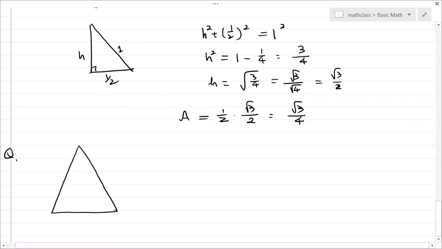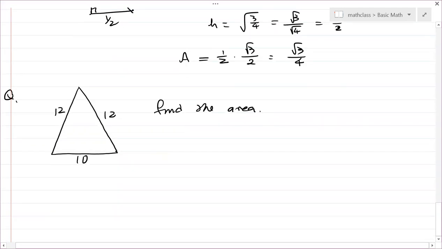It's going to be 12, 12, 10. Find the area of this triangle. Okay. It's also a two-step problem.